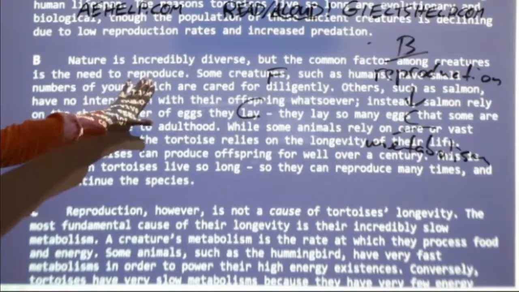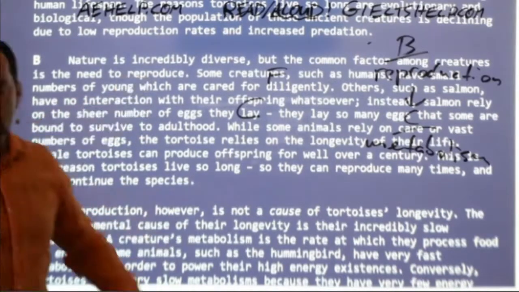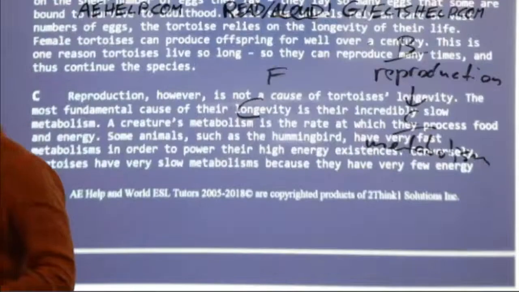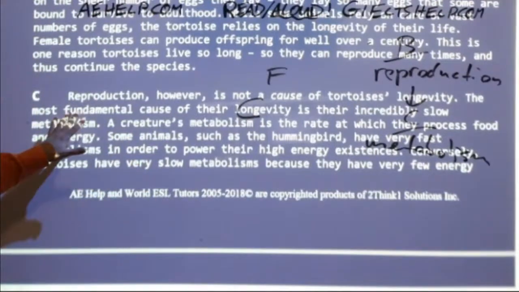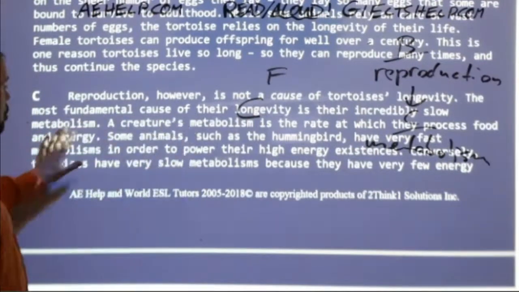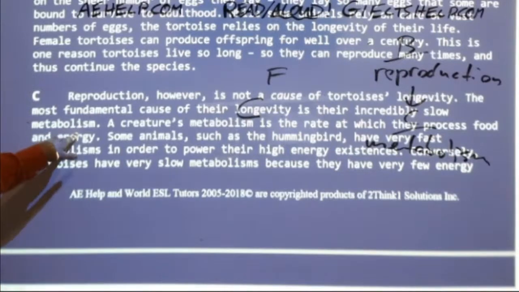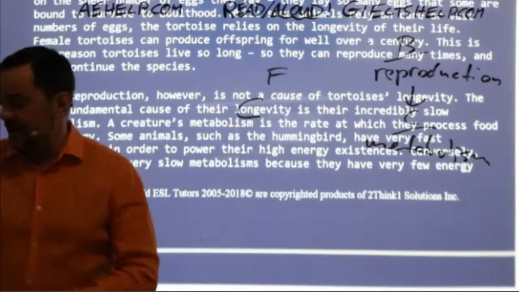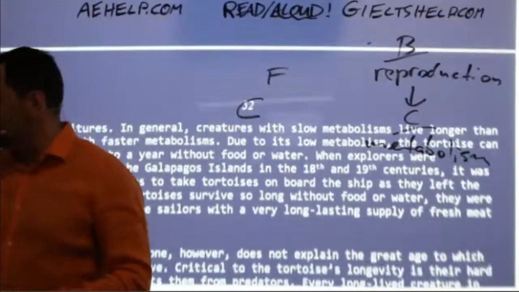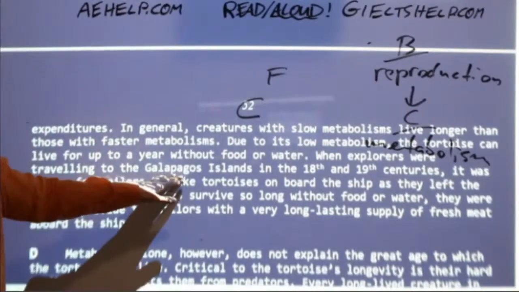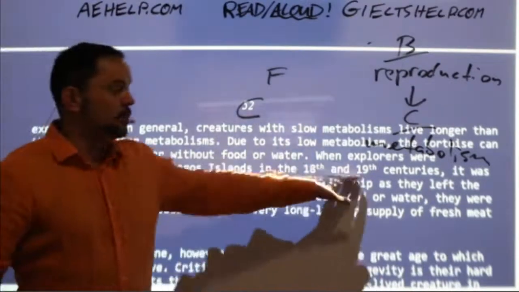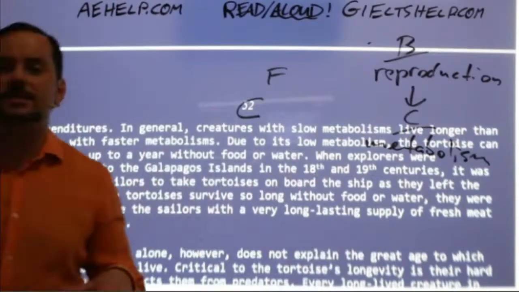Oh, wait a second. Yeah, no, that's reproduction. So I'm going to check C. And then you go, okay, well, C, longevity, is there slow metabolism? Oh, yeah, that's the metabolism one. That's the one where eventually I will read about the Galapagos Islands and the food source, right? So then you're like, okay, C.